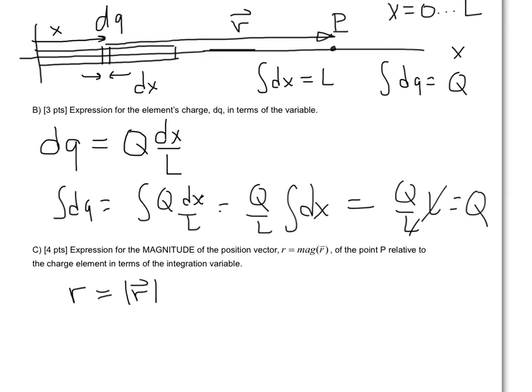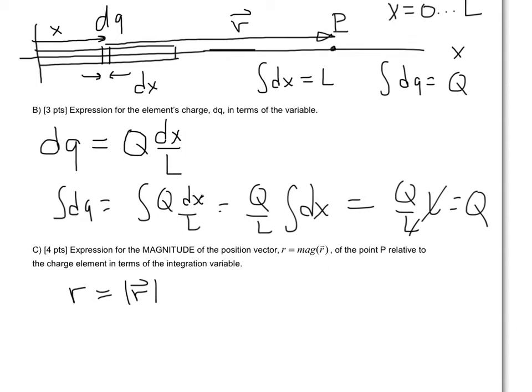So if you think about it, x goes out to the charge element, and then r goes from the charge element to point P. That entire distance is of course 2L because the length is L, and if you remember in the description of the problem, the point P is a distance L beyond.